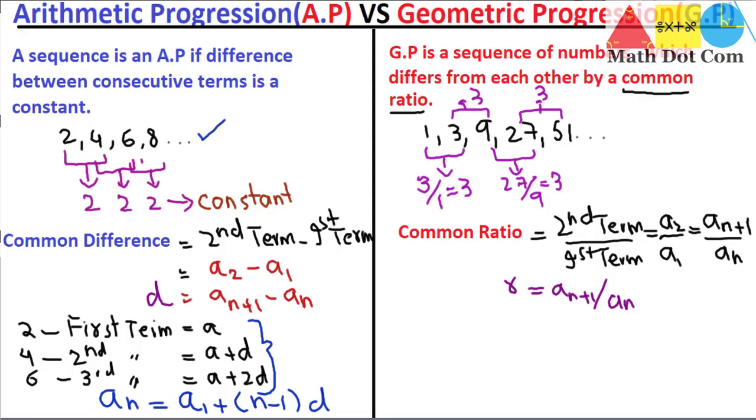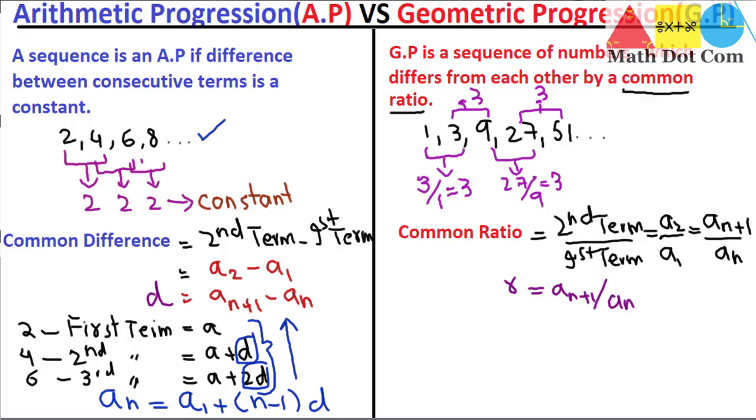As we move up, we are subtracting 1 from this term, so we have to devise a formula in such a way. So the general form of the arithmetic progression is a_n equals a_1 plus (n minus 1)d, where d is the common difference, n is the number of the term, and a_1 is the first term of the arithmetic progression.